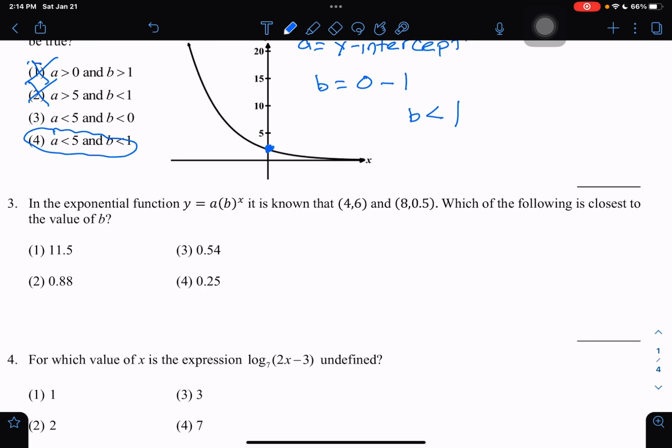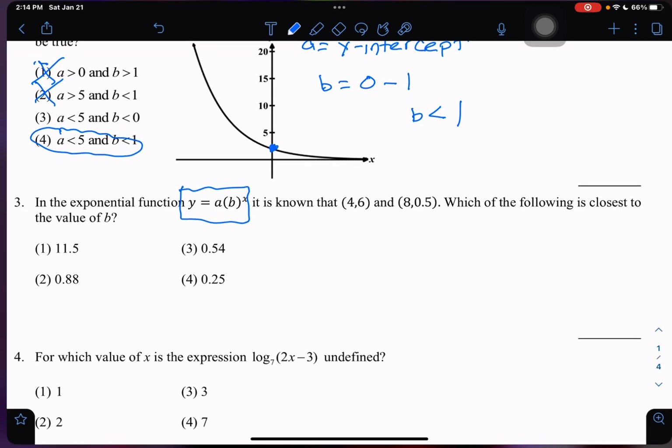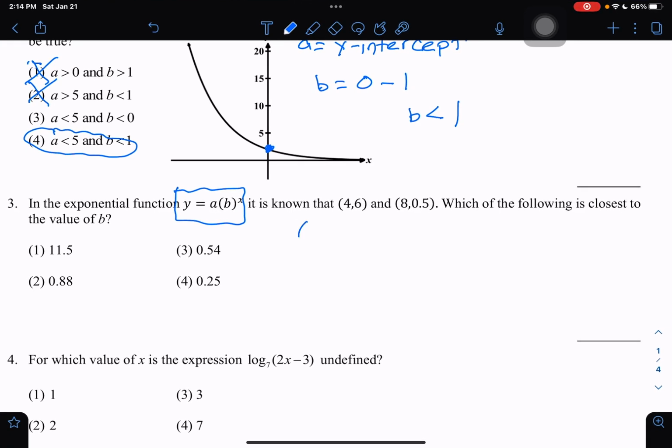This is the general form of an exponential function. So what we can do is set up two equations and then solve for the unknowns. The first one, y is equal to 6, is equal to a b raised to the 4th power.